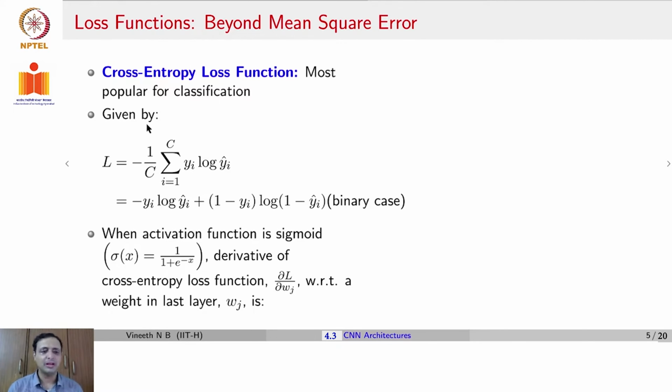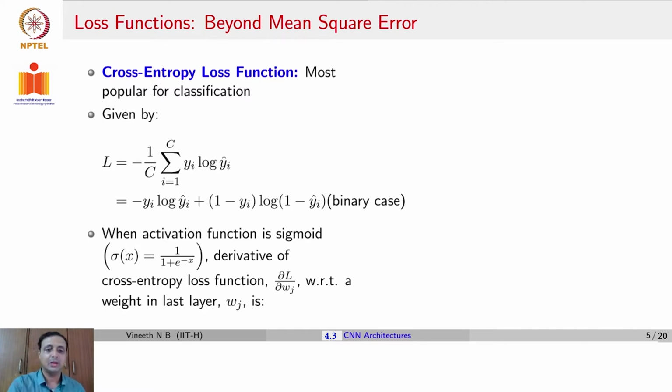Let's see the formal definition. The cross-entropy loss function is given by minus 1 by C, where C is the total number of classes, sum up y_i log y_i hat, where y_i hat is the prediction for a particular class i of the neural network, or the score of the last layer of the neural network for the ith class, and y_i is the correct label for that particular class.